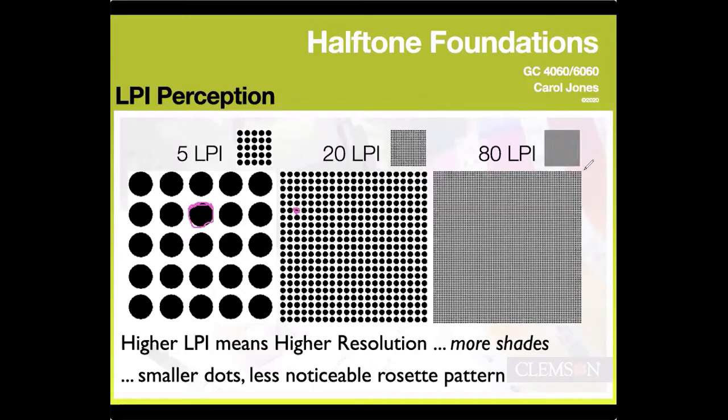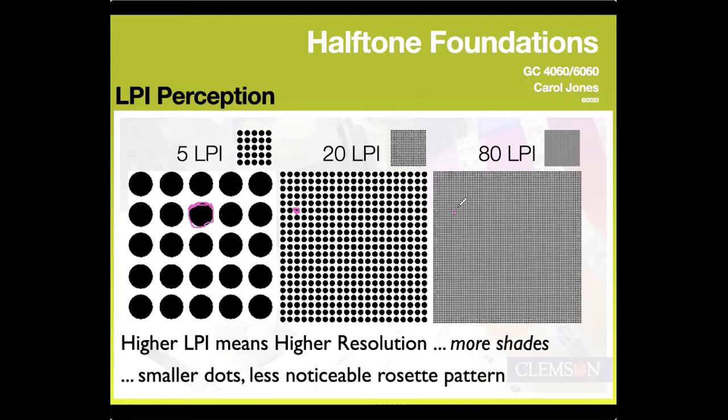If I then looked at my 80 LPI, I might have dots that start bridging and touching, and the gain's a lot greater. So proportionally, as I go up in line screen, the amount of gain that I get is going to start being more significant.